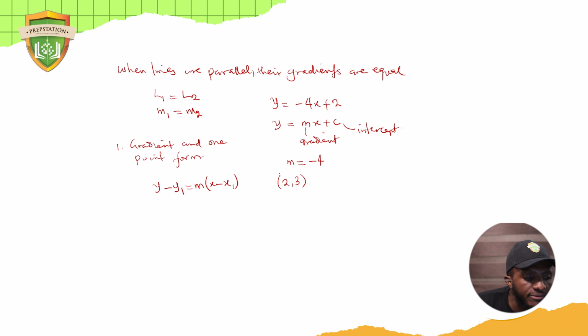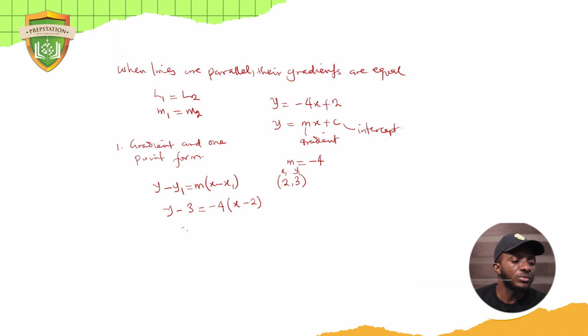So what do we have? This is x1, y1. So we're going to substitute. If you substitute, you have y minus your y1, which is 3, equals the gradient, which we already found, minus 4, times x minus 2.